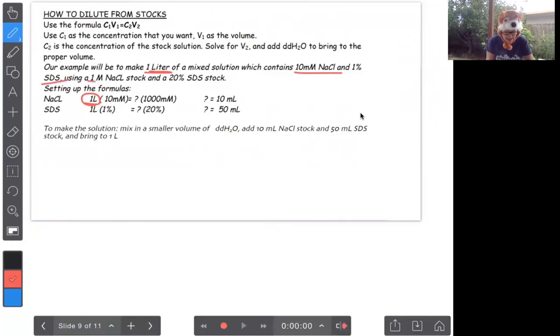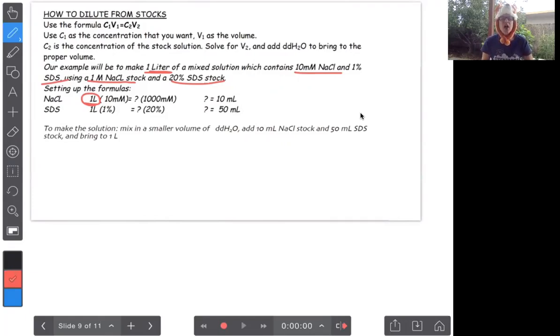And we have a stock solution of each one. So we're not starting from powdered. Somebody made it for you. It's a 1 molar sodium chloride, or maybe you made it for the lab because you're awesome. And a 20% SDS stock. Maybe you made it, somebody else made it. But they're on the shelf. You're like, phew, don't have to weigh it out, don't have to do grams per mole, don't have to do any of that. We already have a concentration.